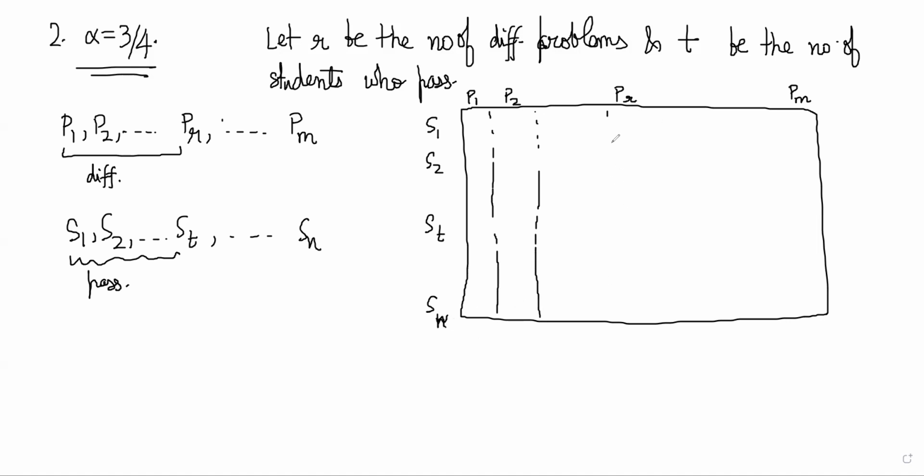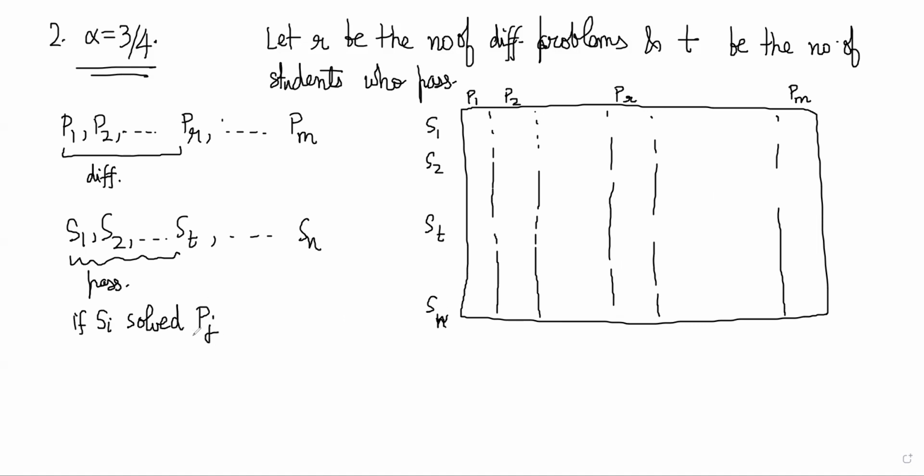Or a matrix, whatever you want to call it. And the rule for filling up this matrix is, if SI solved PJ, student I has solved problem J, we put a 1, otherwise we put a 0, right?